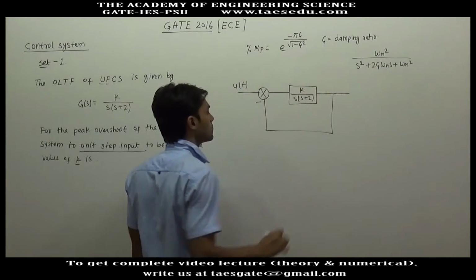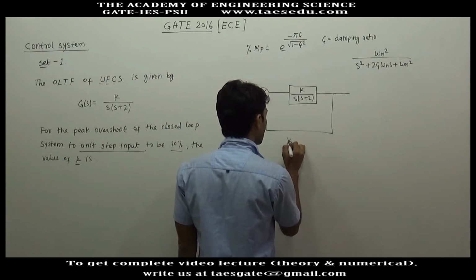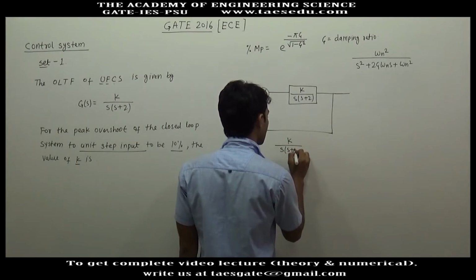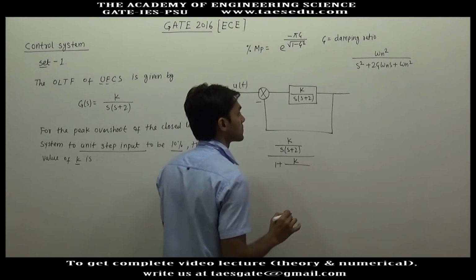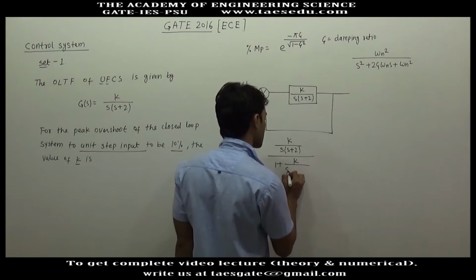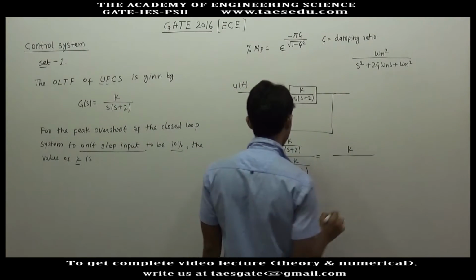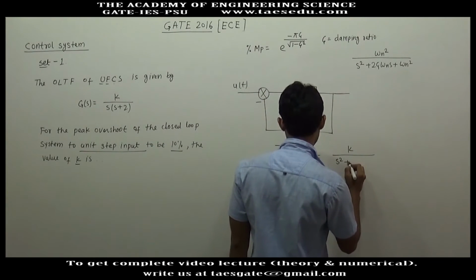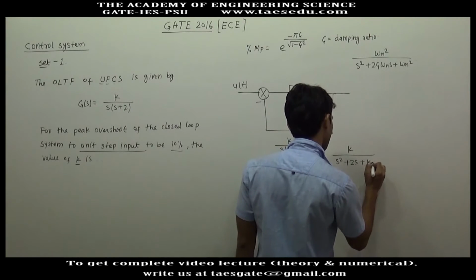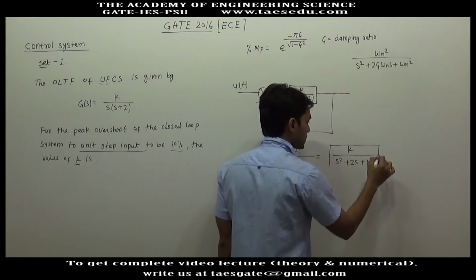What will be the closed loop transfer function? The closed loop transfer function will be k divided by s into (s plus 2) divided by 1 plus k divided by s into (s plus 2). So the closed loop transfer function will be k divided by s square plus 2s plus k. This is the closed loop second order system.